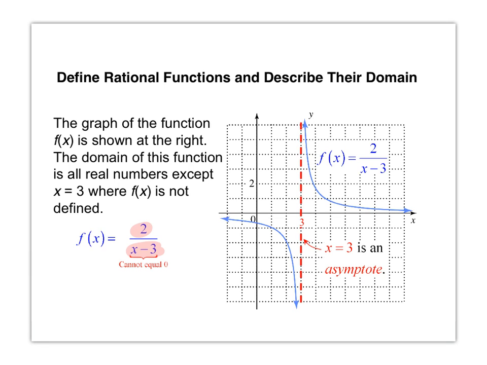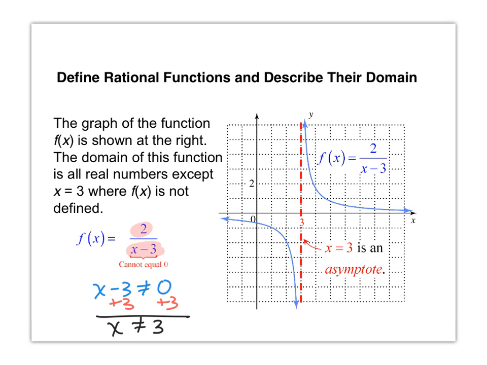So we can say that x minus 3 cannot equal 0. And if we were to solve this as an equation by adding 3 to both sides, we could see that x cannot equal 3. So the x, or the input values, can be any other real number except where x is equal to 3.